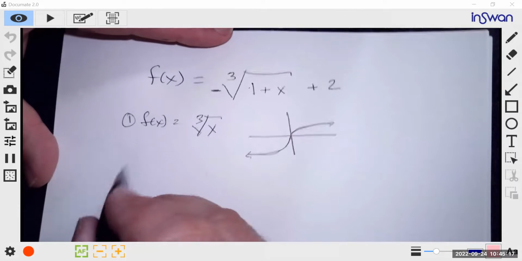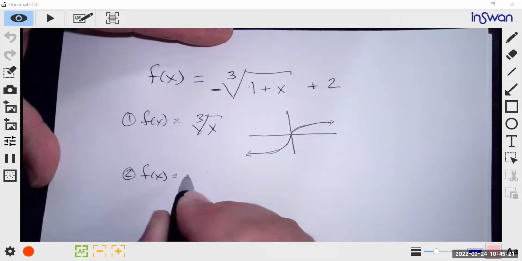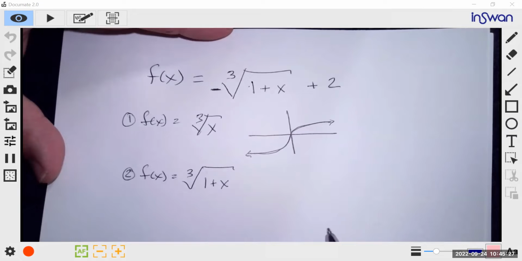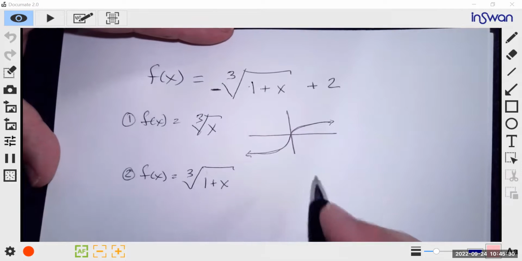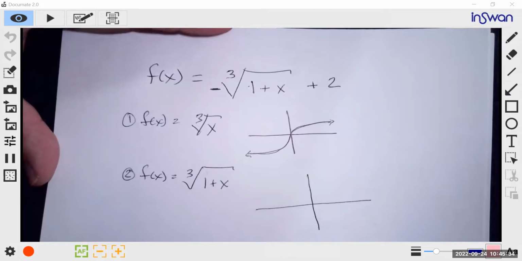All right, what's the horizontal shift tell me to do? Do I have a horizontal shift?